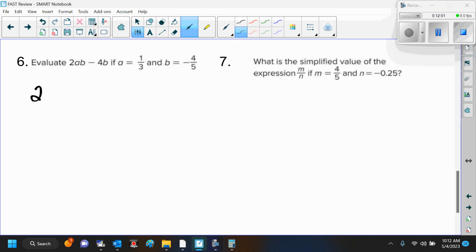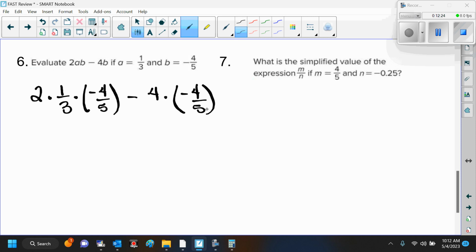So we have 2 times A, which is 1/3, times B, which is negative 4/5, minus 4 times B. So that's 4 times B, which is a negative 4/5. Everybody good? All right. Does not look like I can simplify anything, right? Okay, so we're going to continue.